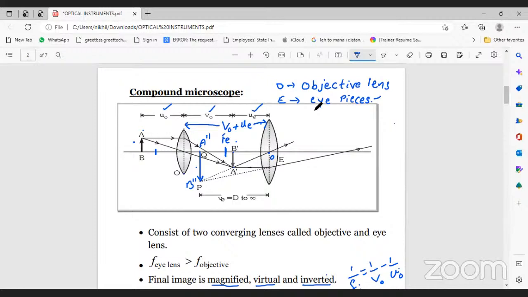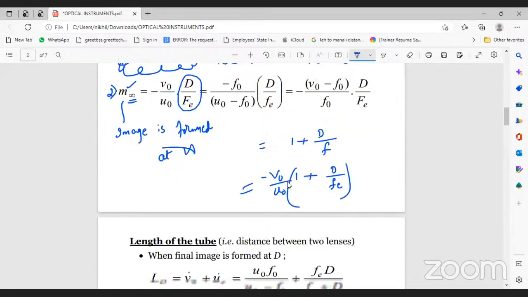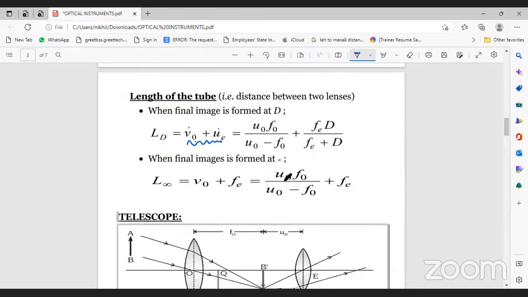This distance between the objective lens and the eyepiece is called the length of the tube. So what is the length of the tube? Sir, distance between the objective and the eyepiece. Yes, L is equal to v naught plus ue. Sir, that's the image distance for the objective plus object distance for the eyepiece. Very good, correct. Image distance of the objective lens plus object distance of the eyepiece.